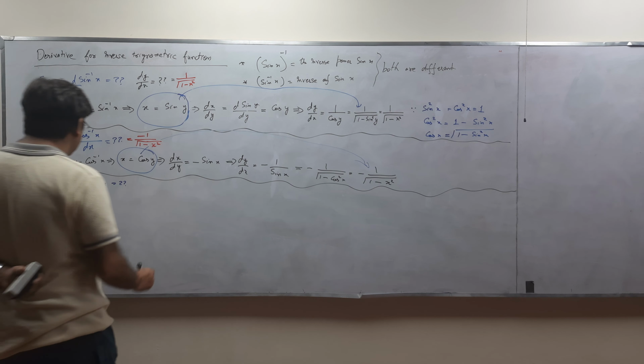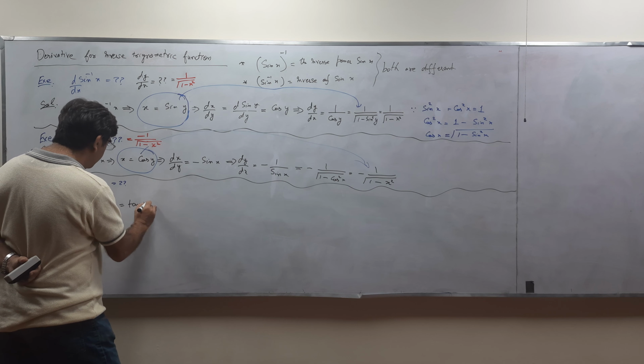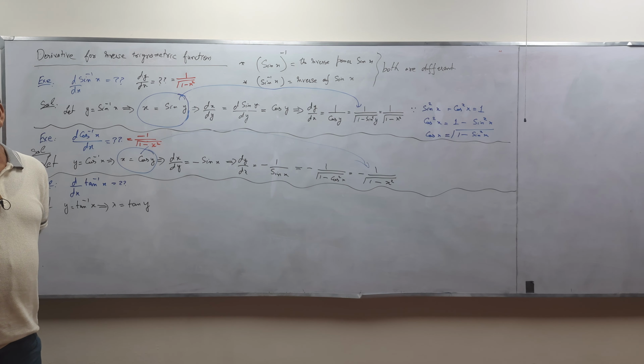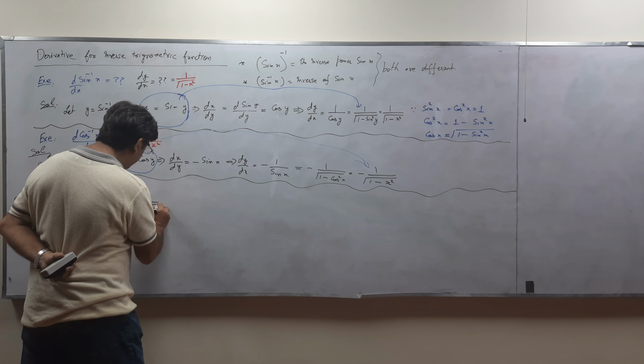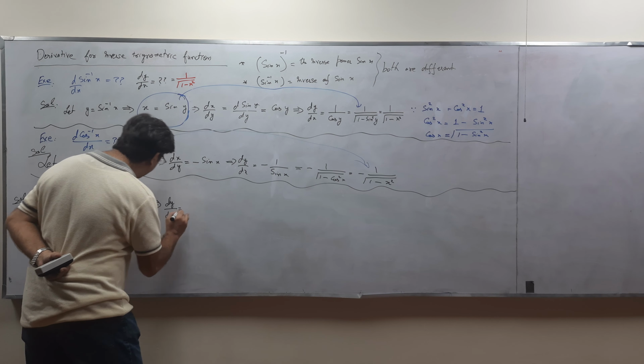So x will be equal to tan of y. Then dx over dy, what is the derivative of tan y?